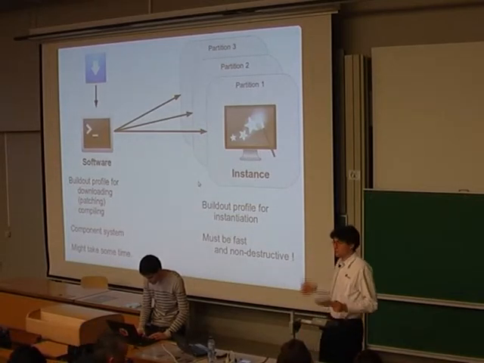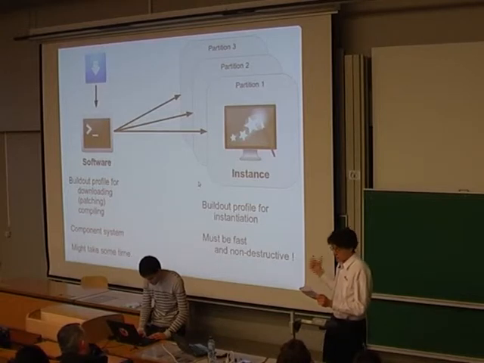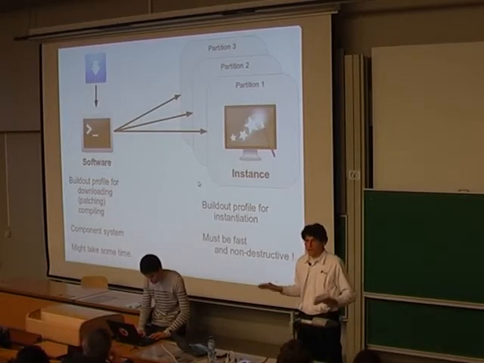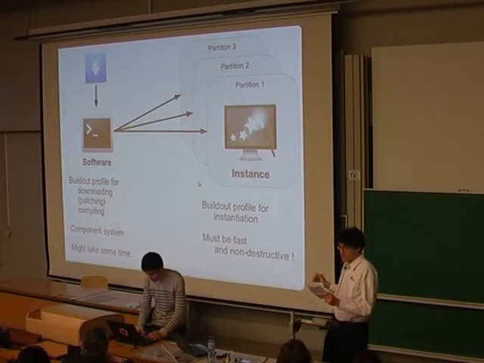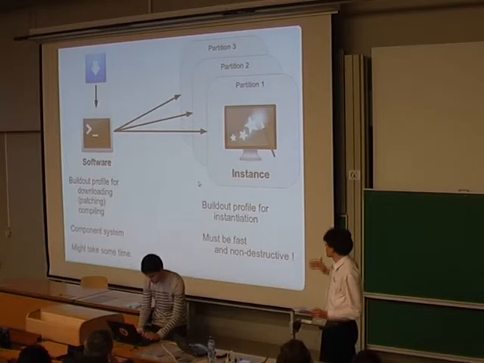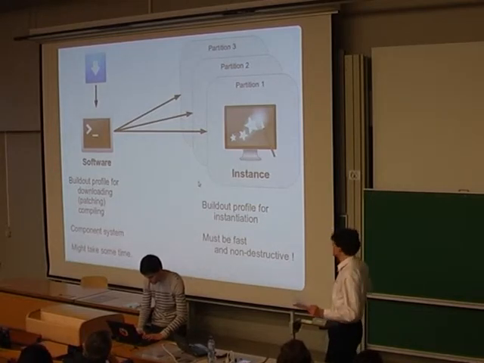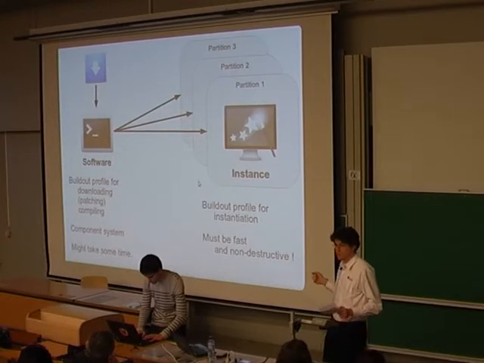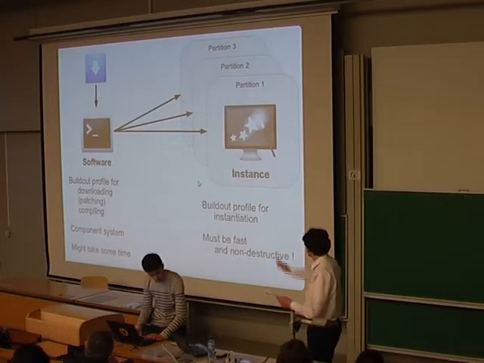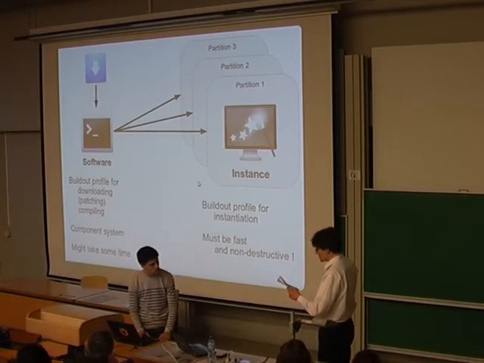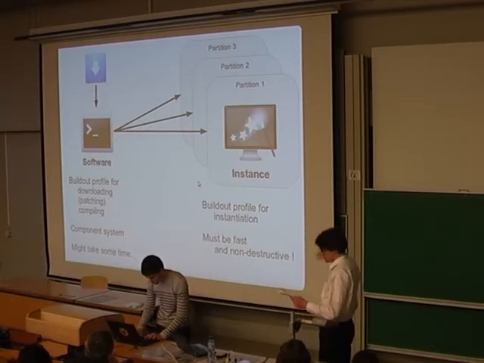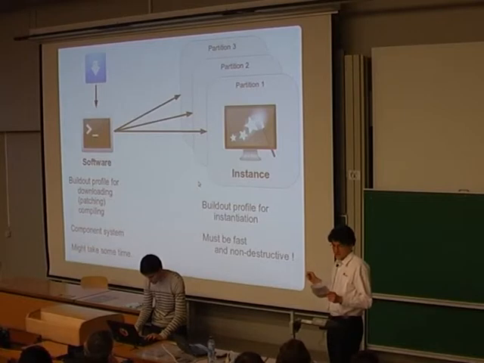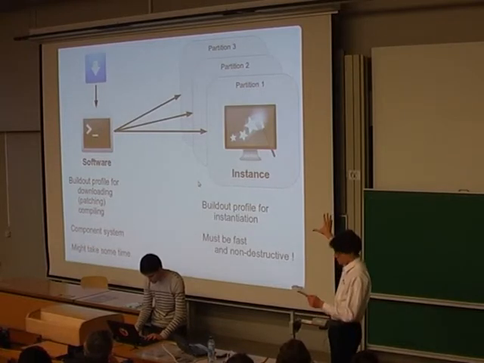For Mioga, that will be Perl itself, Apache, more Perl, Postgres, and there are plenty of Perl modules and their dependencies. In this way, all versions and patches of subcomponents are under our control and independent from the rest of the system. And then on the right side, you have instantiation. An instance of the software gets created, its process gets started, and its own data lives in a partition.